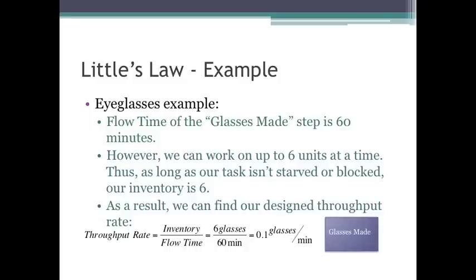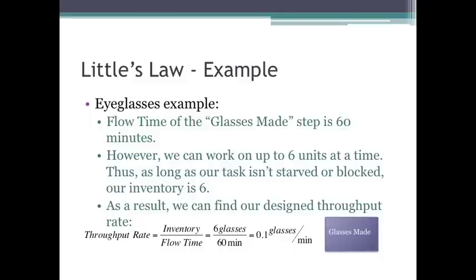So, to reiterate the calculations here, throughput rate equals inventory divided by flow time. So, for the glasses made step, flow time is 60 minutes. Now, we can work on up to 6 items at a time. So, as long as our task isn't starved or blocked by something else, our inventory is going to be 6.